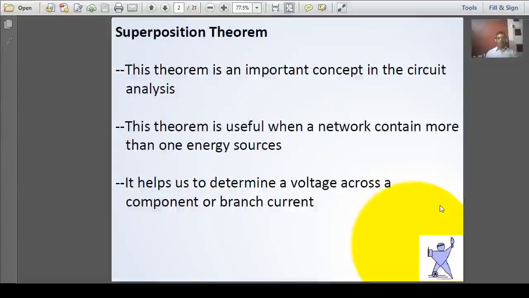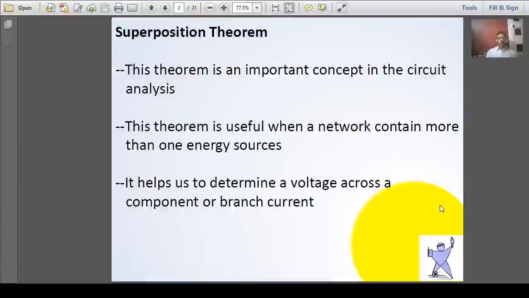Here we will learn what is a superposition theorem, what is its utility, what are its limitations, how its statement, and how we can use a superposition theorem in order to calculate the response of a given network or circuit.